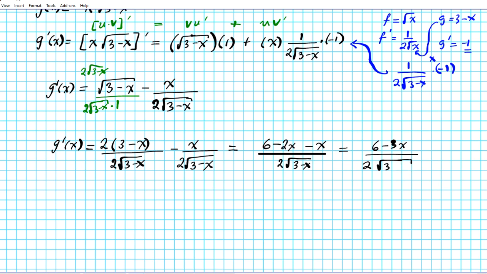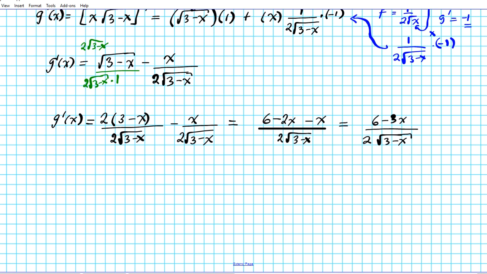Now what we want to do is find where g prime is equal to 0 and where it's non-existent. So to find where g prime of x is equal to 0, we just simply extract the numerator. Why do we do this? If you set the entire function equal to 0 and you cross multiply, the denominator component is gone.